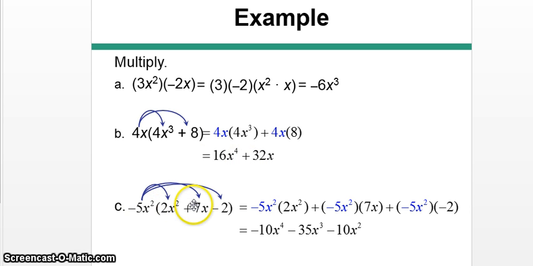Let us see another example. Minus 5x squared times 2x squared plus 7x minus 2.